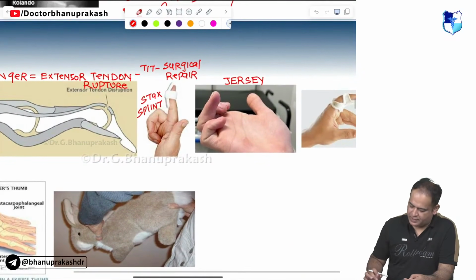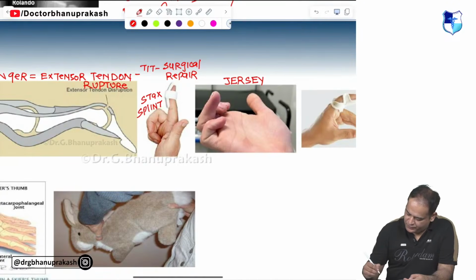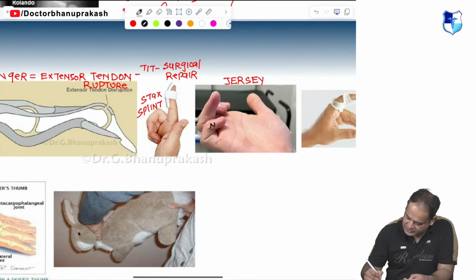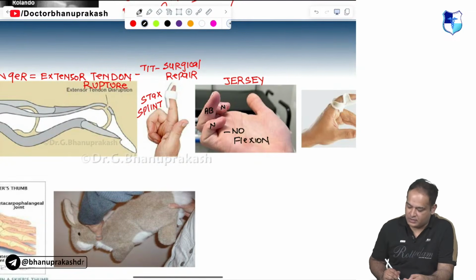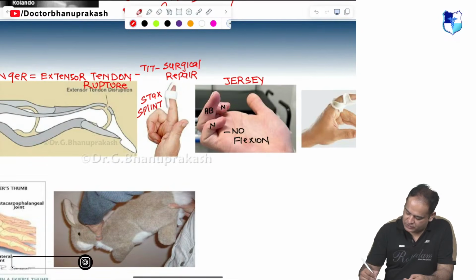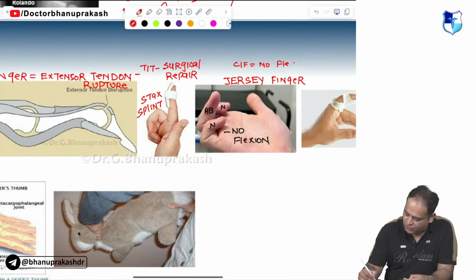But see here. Now, if you see this image, you notice that these fingers are normal, but this finger is abnormal. Why? Because you see there is no flexion. So this is called jersey finger. What are the clinical features of jersey finger? There is no flexion.